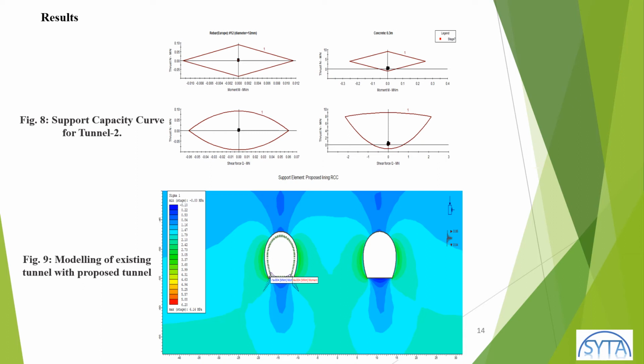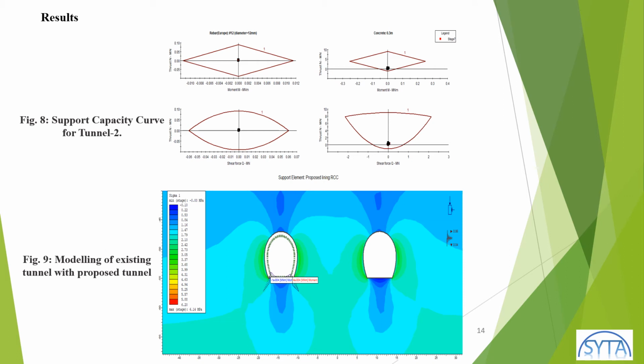Also, as we know that the existing tunnel is at around a 30-meter offset, we designed the individual tunnel, and a second model was prepared in which the existing tunnel was also modeled with its support, along with our proposed model and the seismic analysis.